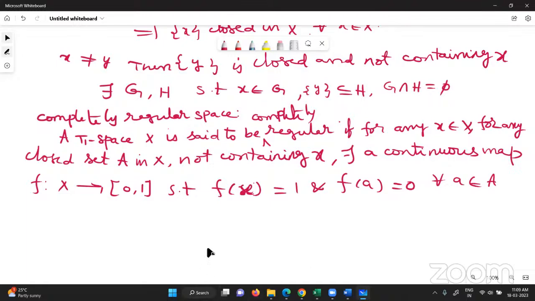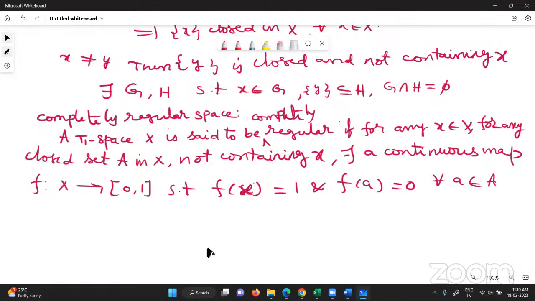Here, completely regular means whenever you have such a separation, there exists a continuous mapping such that f of x equals 1, f of A equals 0. What do you mean by that? Here, a point and a set are separated by means of a continuous function. There, points are separated by two disjoint sets. Here, they are separated by a continuous function.